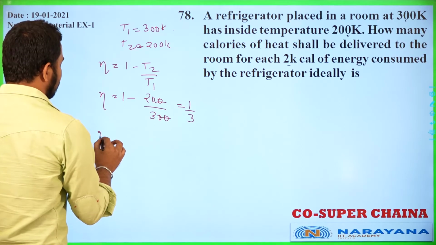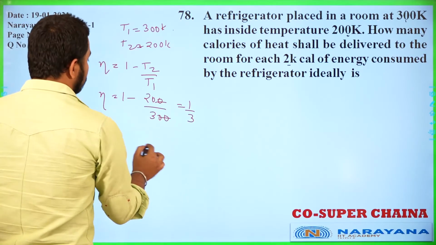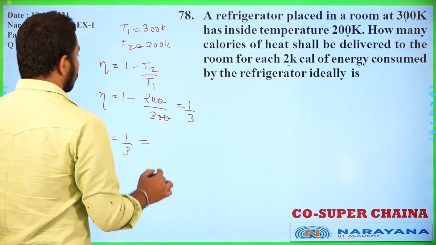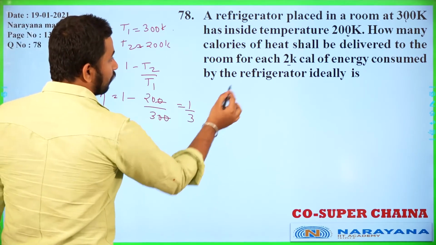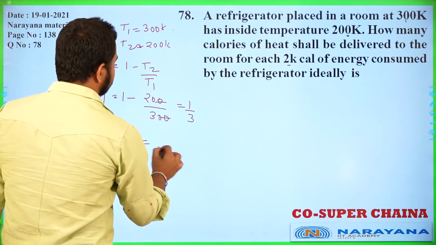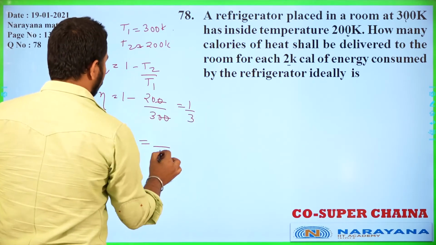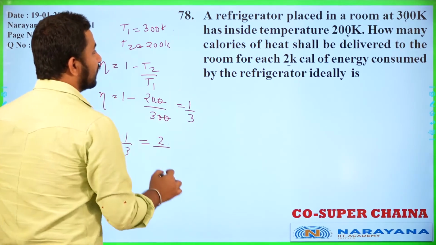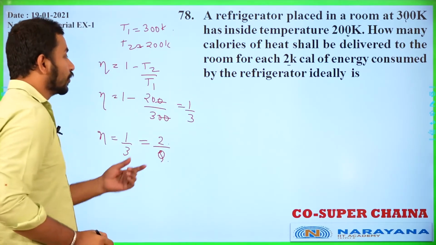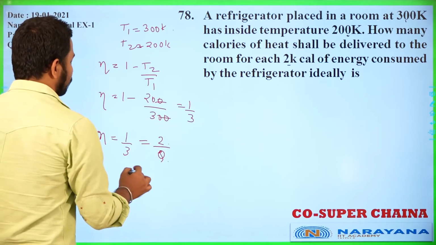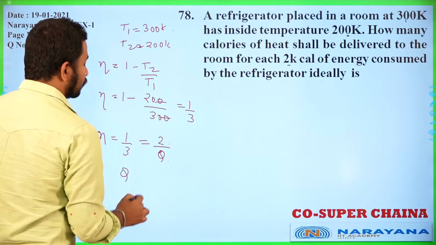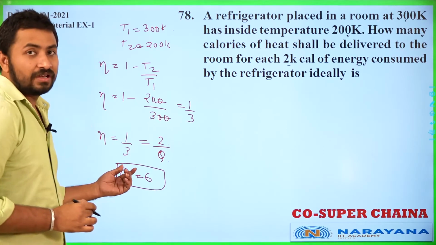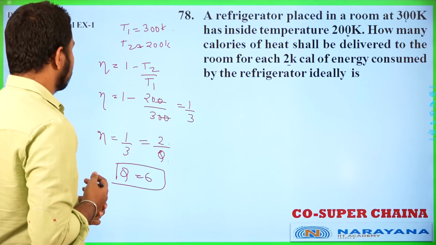So this can be written as 1 by 3 equals Q2 by 2, and this Q2 we have to calculate. If you substitute here, the Q value comes as 6.